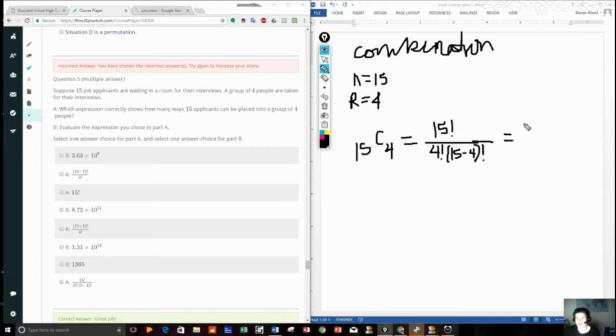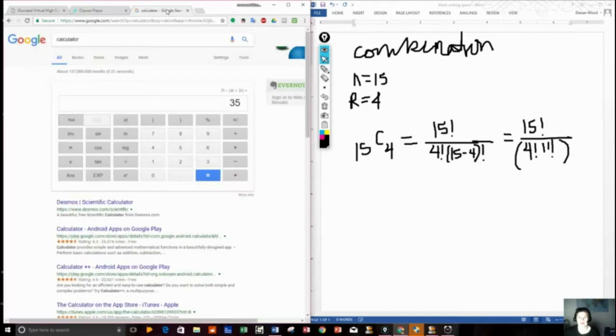And this is how many other ways my leftover groups could be picked. So that's going to equal 15 factorial divided by 4 factorial times 11 factorial. And since we have 4 factorial and 11 factorial in the denominator, we are including parentheses around it. So we have 15 factorial divided by parentheses 4 factorial times 11 factorial.